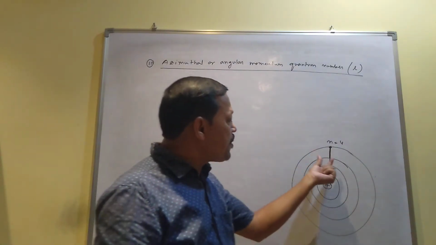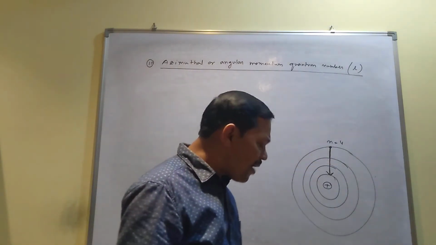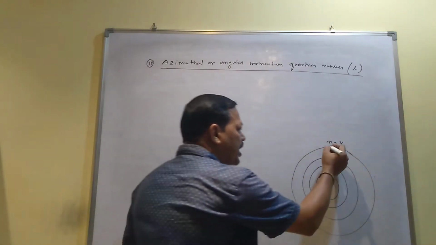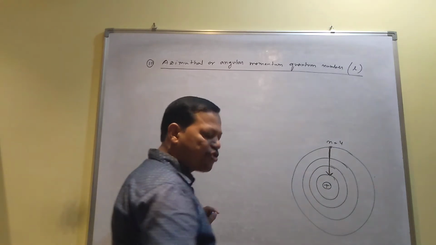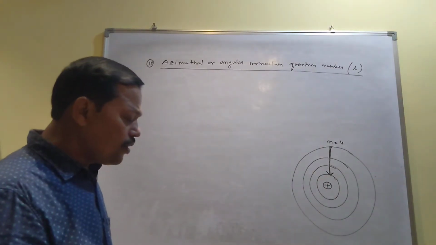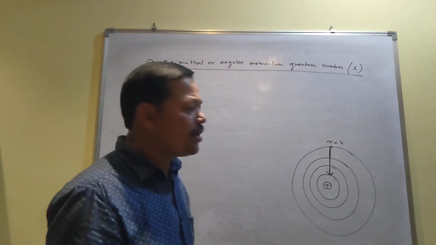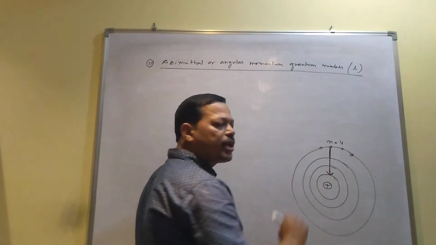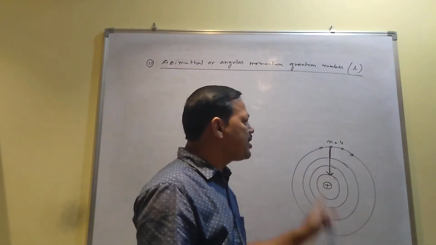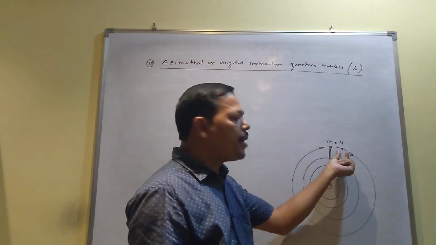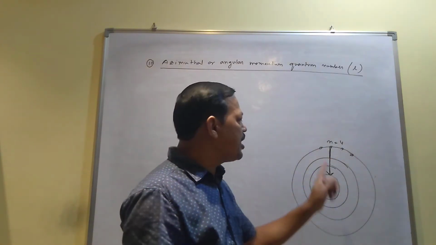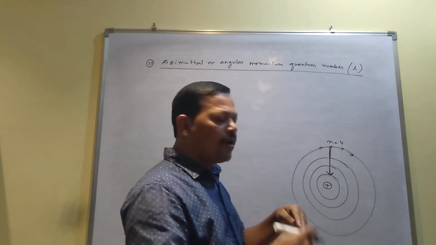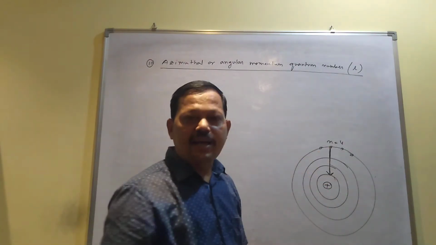To explain the presence of these fine lines, electrons present in any cell of a multi-electron atom do not have the same energy. Suppose this fourth cell contains 4 electrons. Although they are present in the same cell, they do not have similar energy, they have different energy, and due to different energy you get different lines.